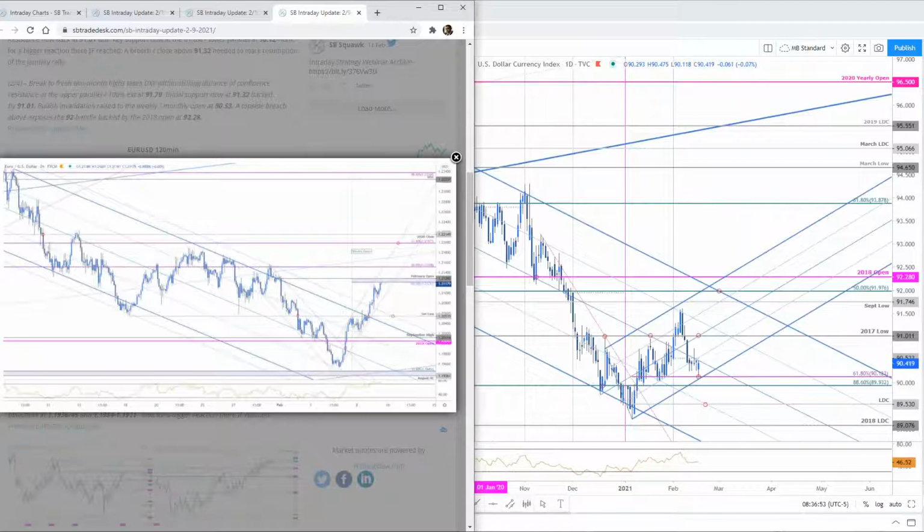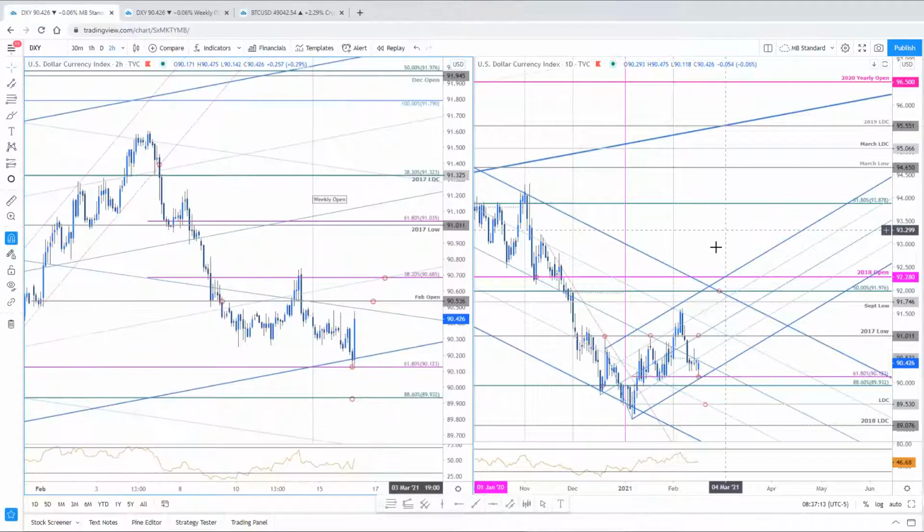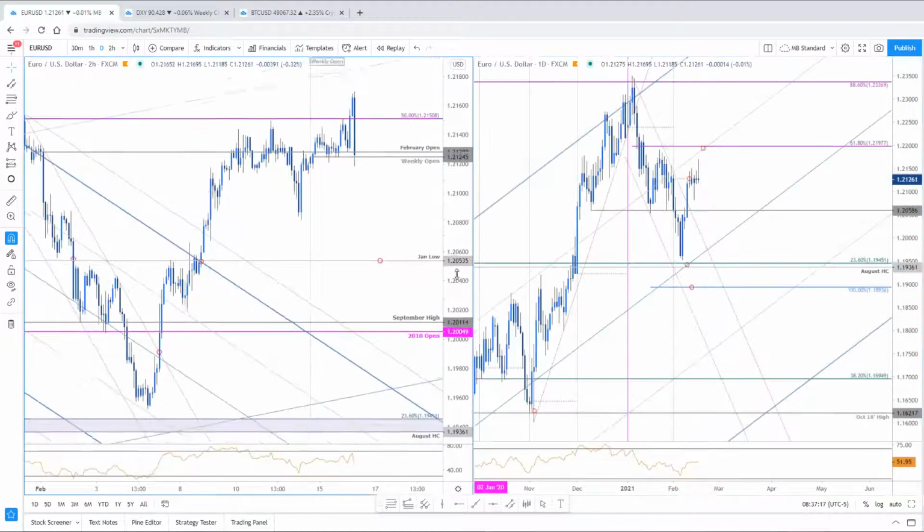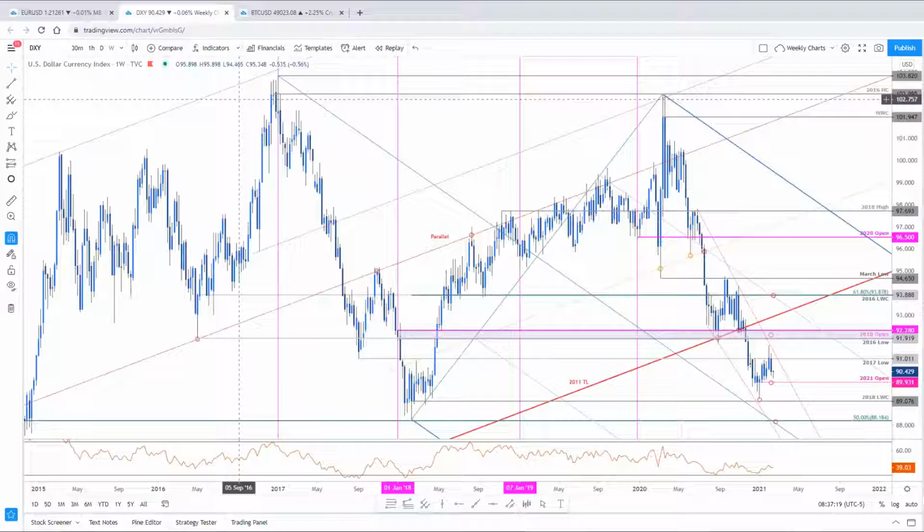Our focus here was the fact that euro had broken multi-month downtrend resistance, shifted the focus higher, and kept us on an outlook into like 21.28. Just above that, you're looking at the 50% retracement. The big resistance was just shy of 22. We didn't quite make it there, but you're seeing what could be the onset of exhaustion here in euro as well.